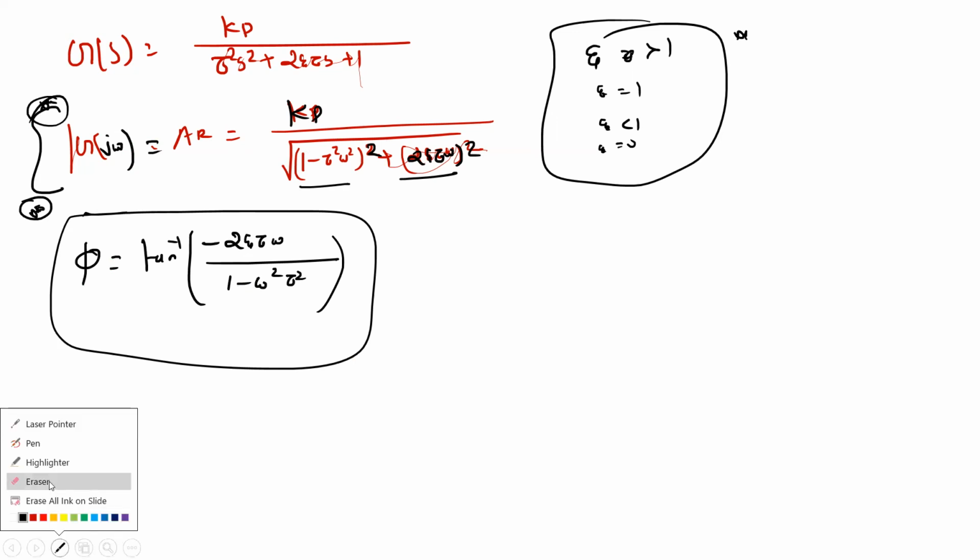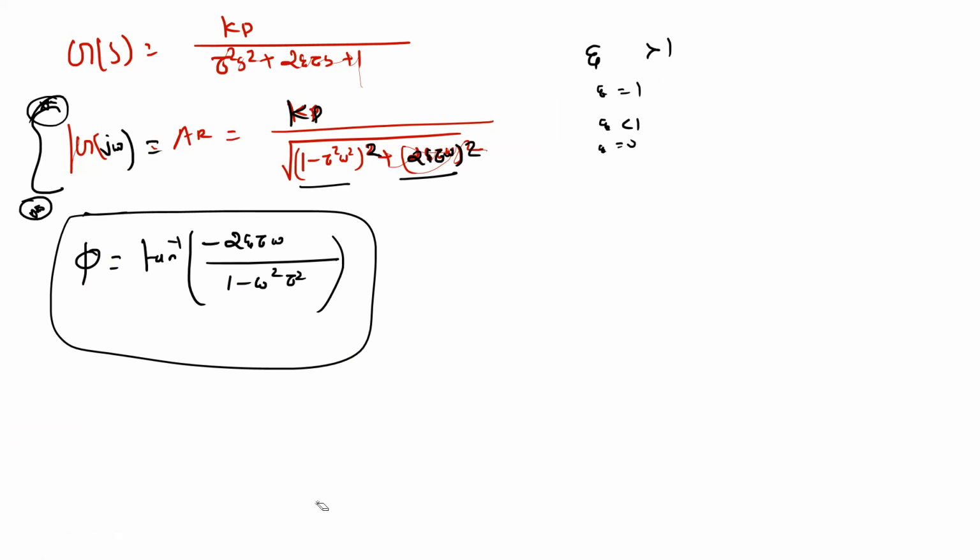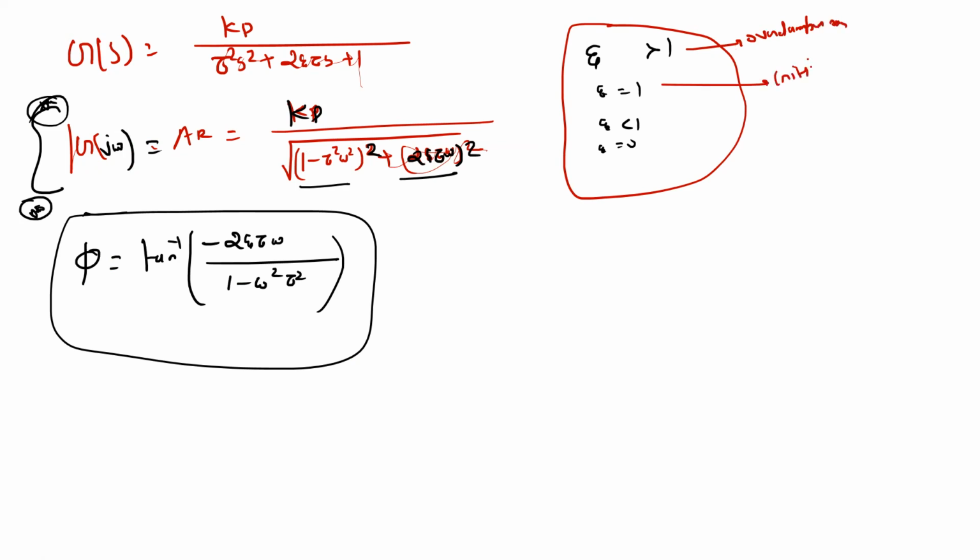So again, the value of zeta, all these things you can go through in that recorded lecture. If we talk about the value of zeta, zeta is greater than 1, I have told you that is called an over damped system. Zeta is equals to 1, that is critically damped.